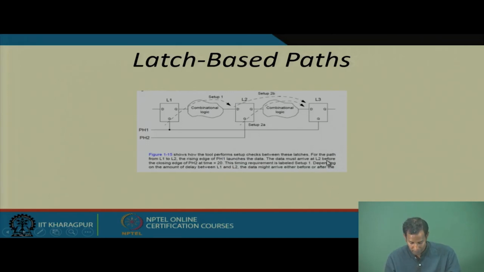For the path from L1 to L2, the rising edge of PH1 launches the data, and the data must arrive at L2 before the closing edge of PH2 at time 20. This timing requirement is labeled setup 1, and depending on the amount of delay between L1 and L2, the data might arrive either after or before the clock edge occurs.